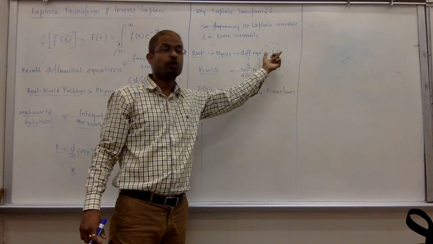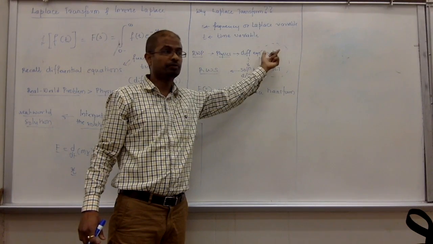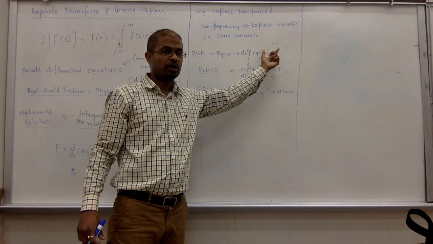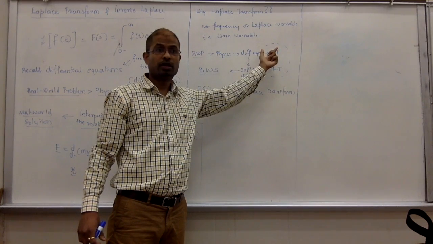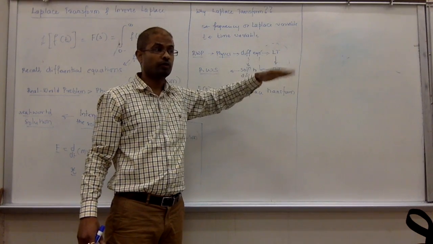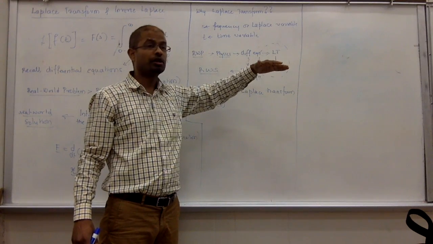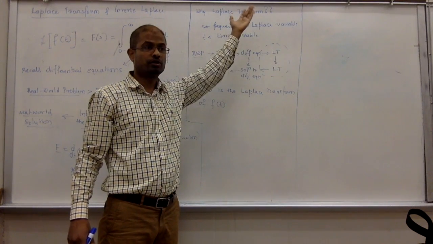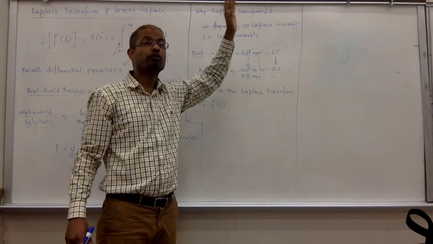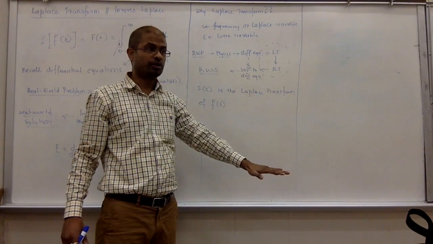So what do you understand by frequency domain? For example, your conversations are at a much lower frequency. The noise is at a much higher frequency. Your aircraft movements are at very low frequencies.